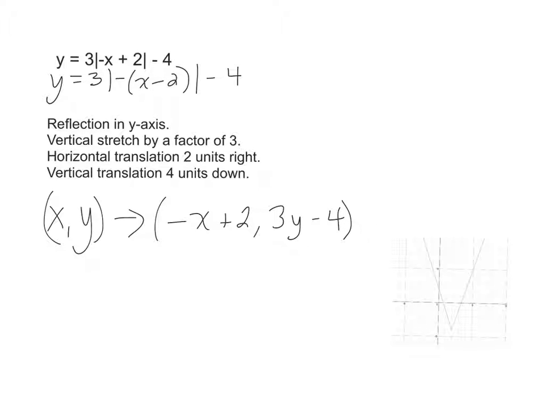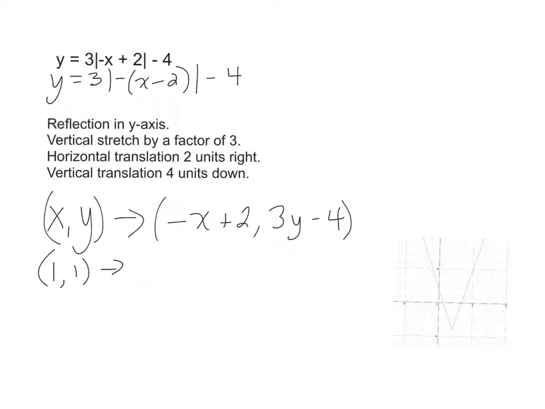So then we can test a point or two. What's a point that would be on the parent function here? What is the parent function? Absolute value of x. So what would be a point that's on the absolute value of x? 1, 1. Okay, let's test that one. So I'm not making the whole table of values. I'm just going to test 1 or 2 points.